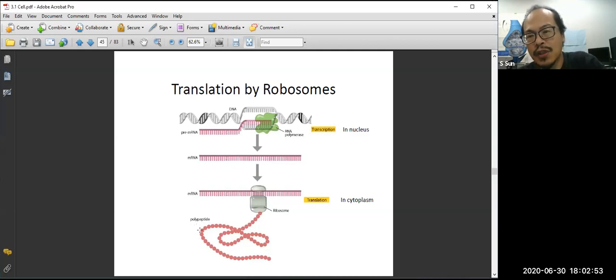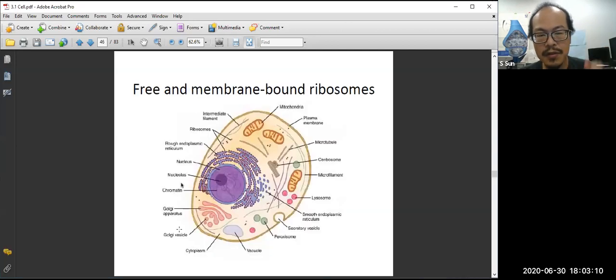This is primary structure of the protein, before any folding is there, but it's not completely functional yet. You need to be folded to make a certain structure to a certain product. So the location of free and the membrane-bound ribosomes are either in the cytoplasm or in the endoplasmic reticulum.